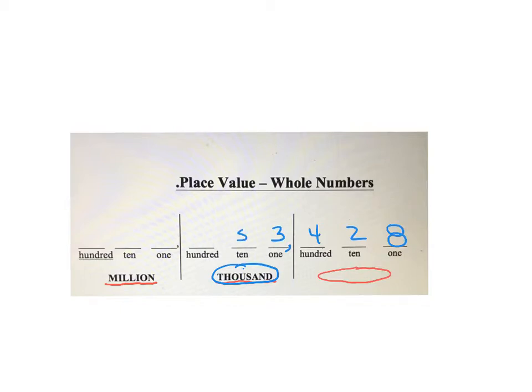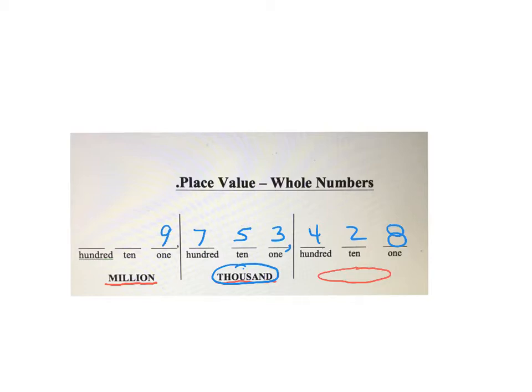If I were to add a 5 in this place value, it would be 53,428. Continuing to add numbers, this is known as the number 753,428. And I could just continue. Now I have a 9 in the millions group.